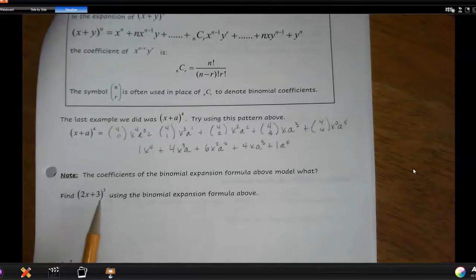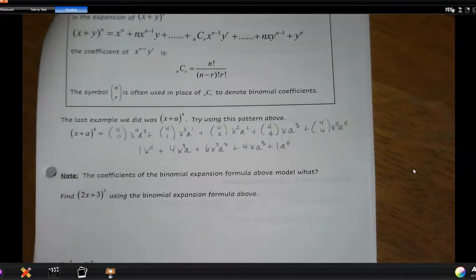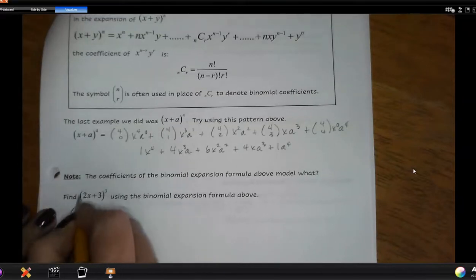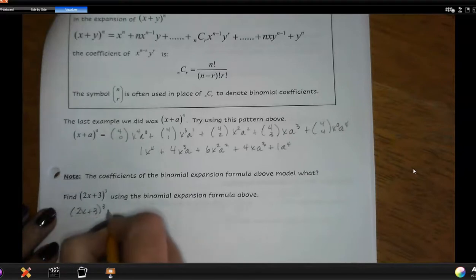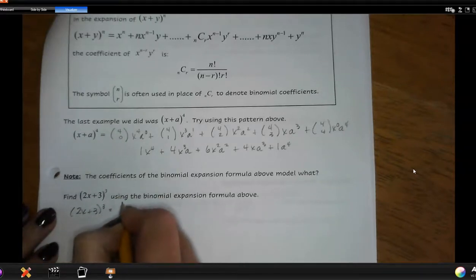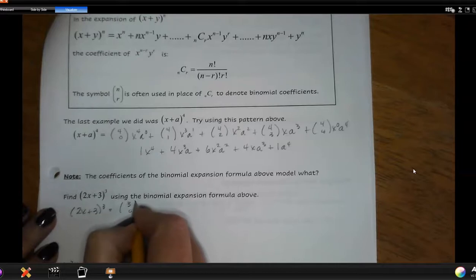Now, look at this. We're going to do 2x plus 3 to the third power. For some of you, it'll be easier just to FOIL that out, times 3. But let's see what this would look like if we were using the binomial theorem. We would start off with 3 take 0.